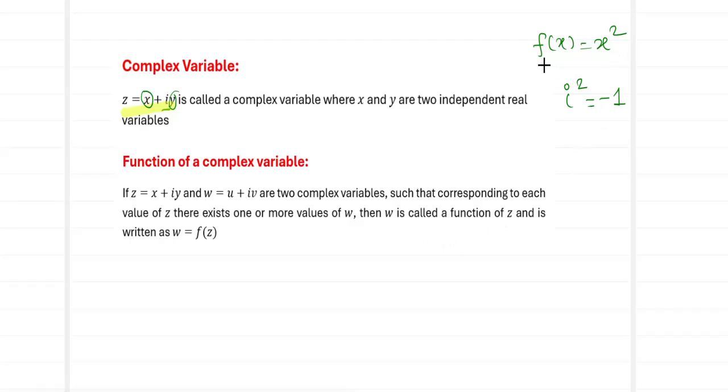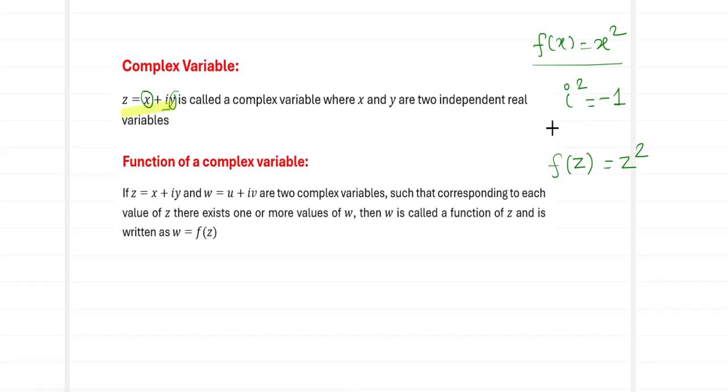Like how we have defined a function using the real variable, this real number can be replaced by a complex number or a complex variable, and I can define a function of a similar type. So say suppose I have f of z defined as z square.